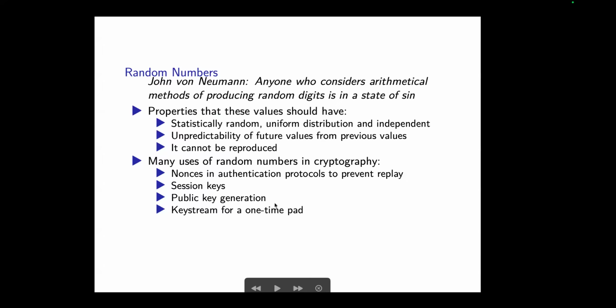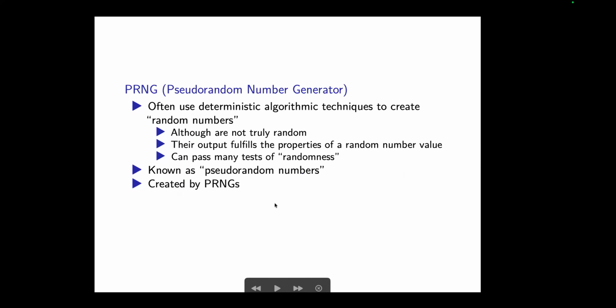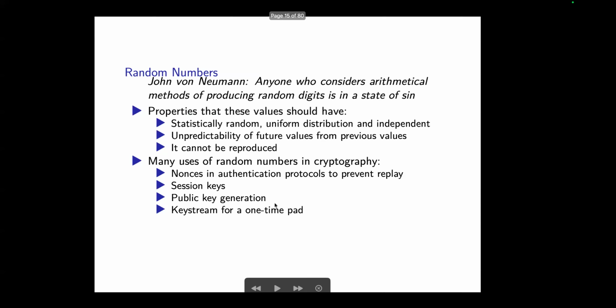Yeah, so we do need those random numbers in many places. So then we have the pseudo random number generator. It is a deterministic algorithm to create something that looks like random numbers, but they are not truly random. The output fulfills the properties of a random number, and those are the properties which we had here: statistically random, uniform distribution, and independent, right? Those are the properties.